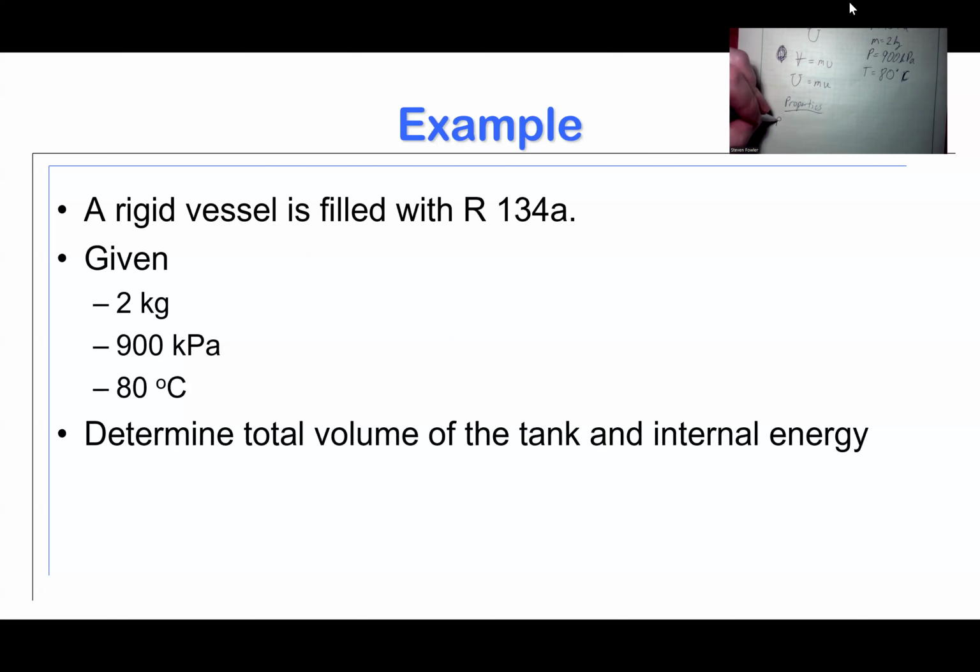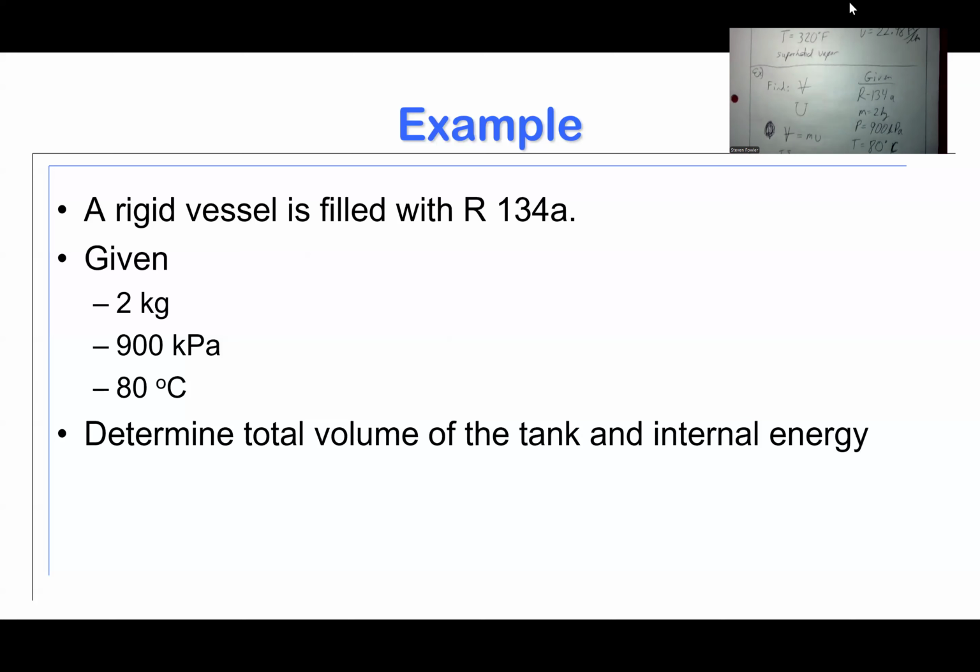A simple way to write this is I could say, well, P is equal to 900 kilopascals. Write the things that I know. T is equal to 80 degrees C. Yes, I know they're over here, but this is a good way to get it organized. And I'm saying, based on these two things, I can find the specific volume and the internal energy from the properties, which is what I need to do now.